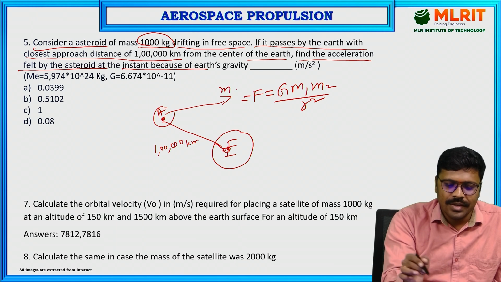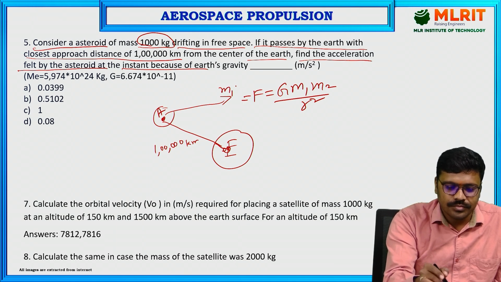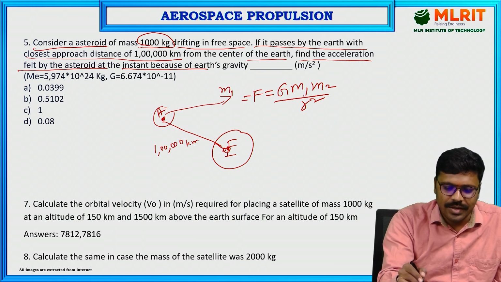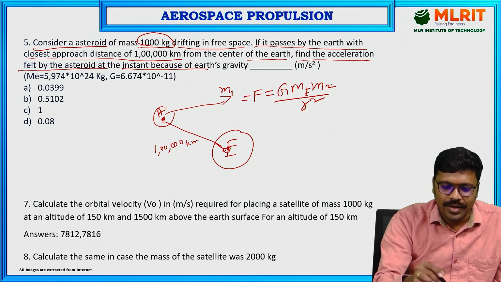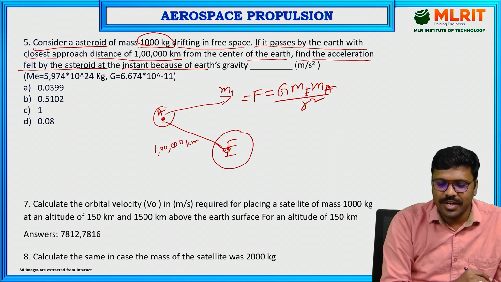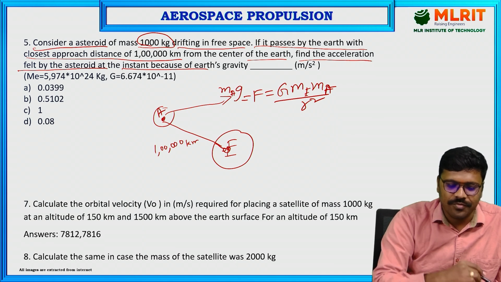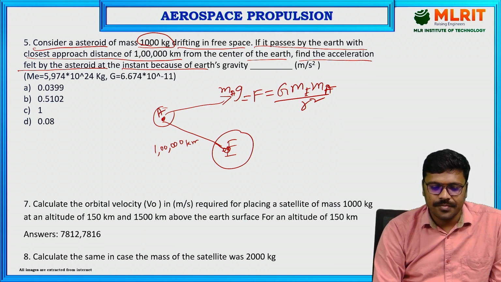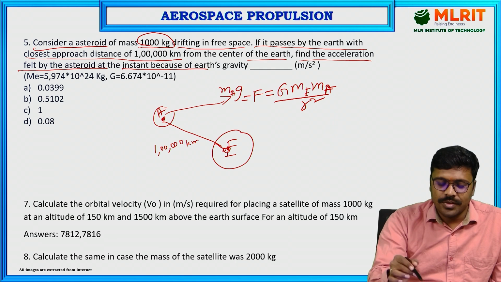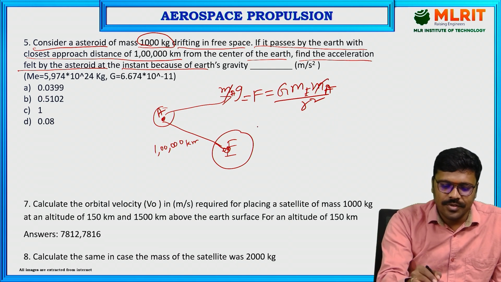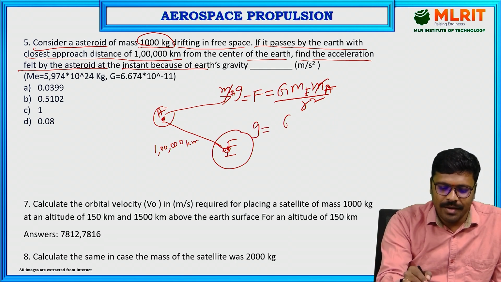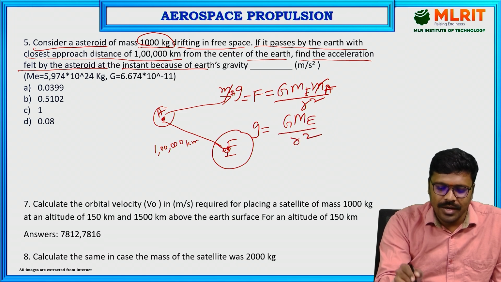If I consider this as the Earth and this as the asteroid, it is the mass of the Earth into the mass of the asteroid, equal to the mass of the asteroid into the gravitational acceleration on the asteroid, m_a into g. So m_a gets cancelled. Finally, small g is equal to capital G into the mass of the Earth by r squared.